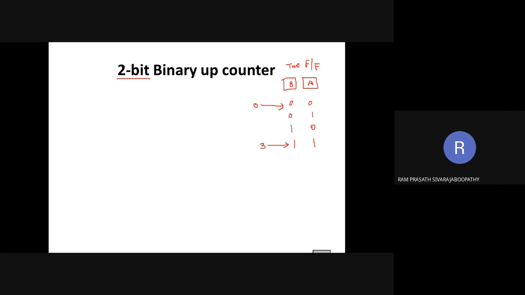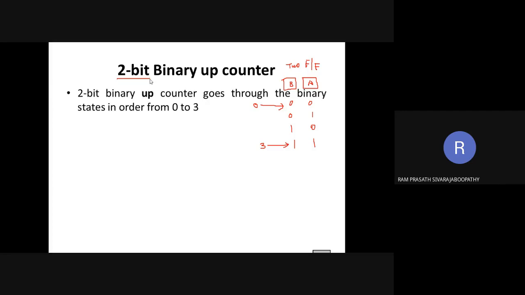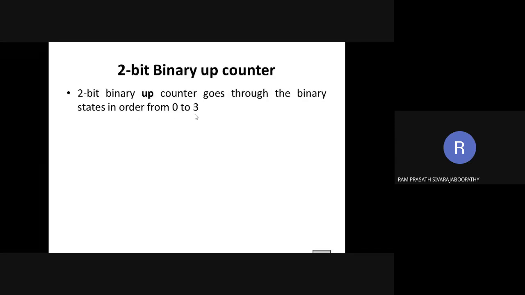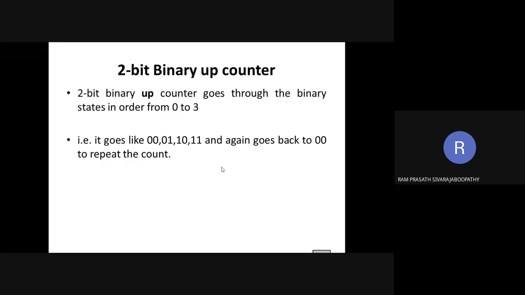So 2-bit binary up counter goes through the values in order from 0 to 3. It goes like 0 0, 0 1, 1 0, 1 1 and again goes back to 0 0. So it can count up to only 3. If you want to count more than 3, you can go with 3 bit, so 0 to 7 you can count.